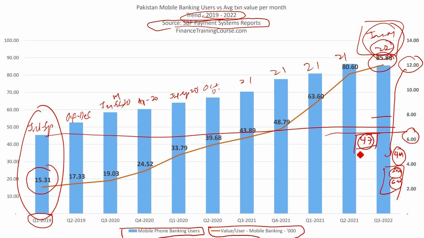If you just round it up to 50 times 12, that is about 600,000 rupees per annum. So 6 million users are spending 600,000 rupees per year.